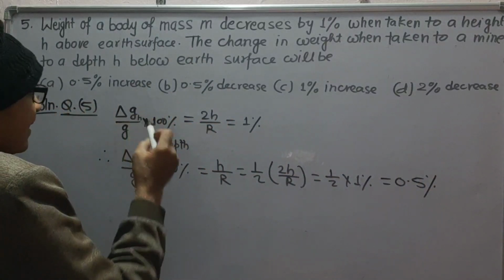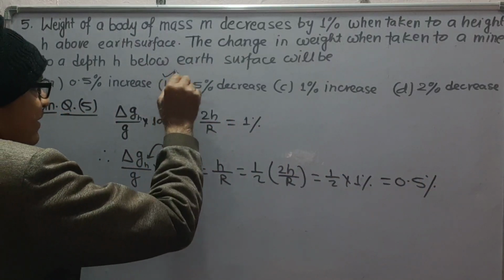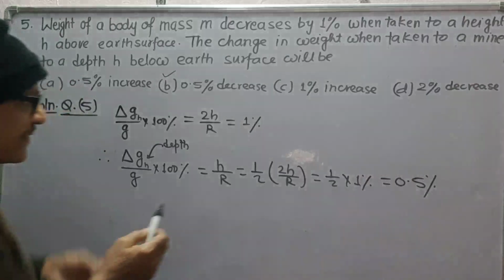So the correct option will be B, 0.5% decrease.